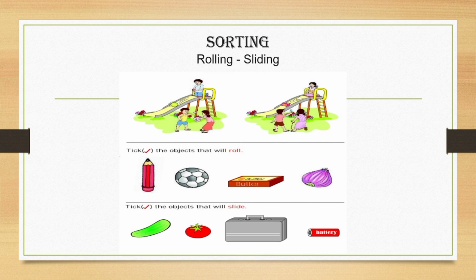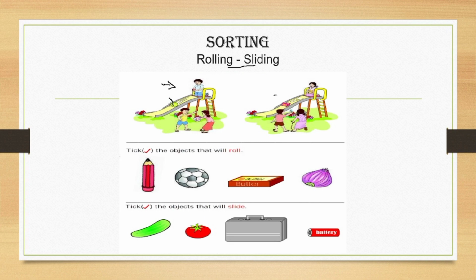Next we are going to study about rolling and sliding. What are these? Rolling and sliding. Okay. In the first picture we can see a ball. This is a ball, right? And the ball is rolling over the surface. It's rolling, right?